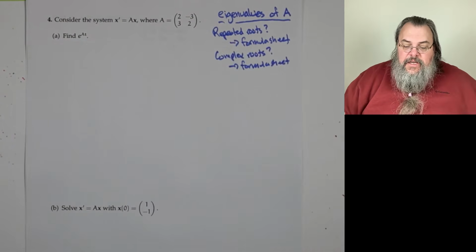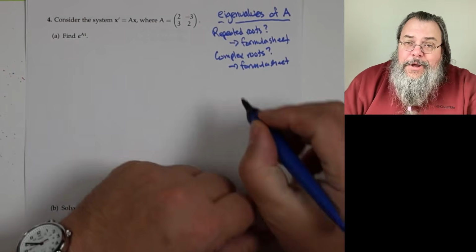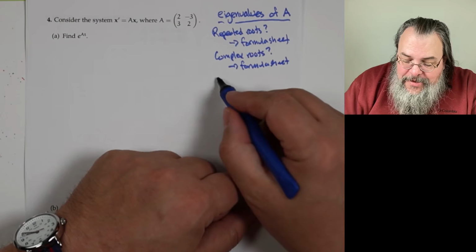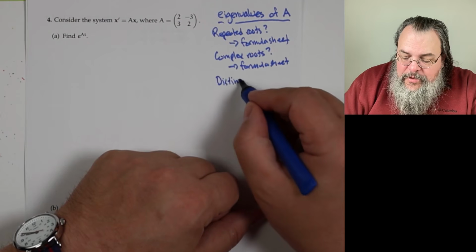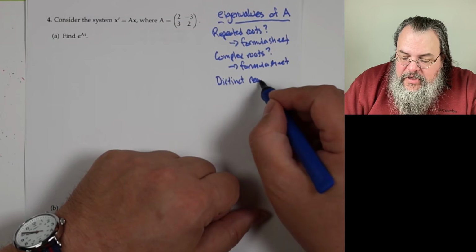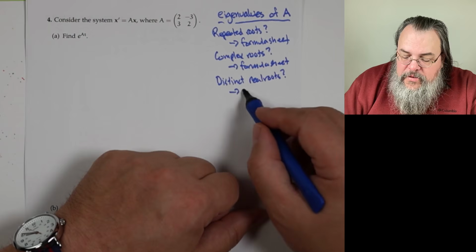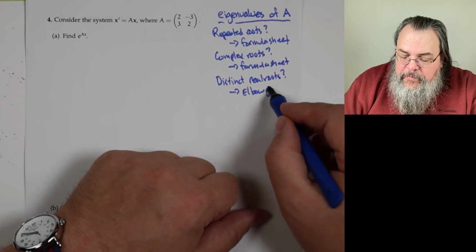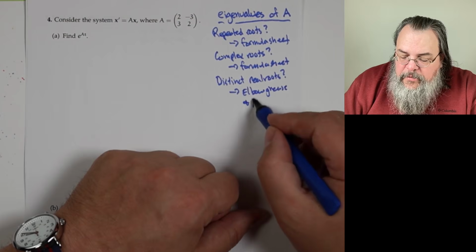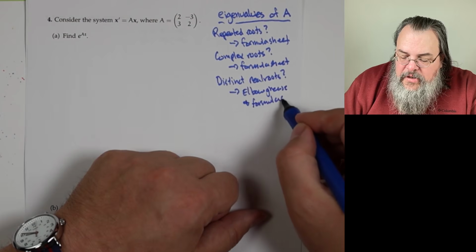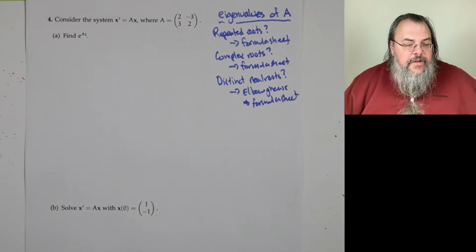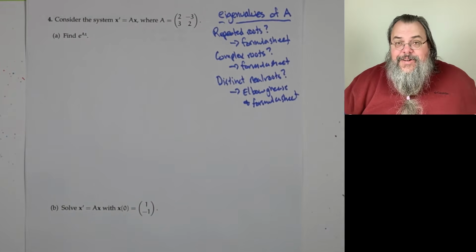So you say, okay, good. But what if they're distinct real? Now, that's the third case. Distinct real roots. Well, then we have to do 2 things. We have a little bit of elbow grease and the formula sheet. And you might say, wait, what? Well, because what's e to the AT?